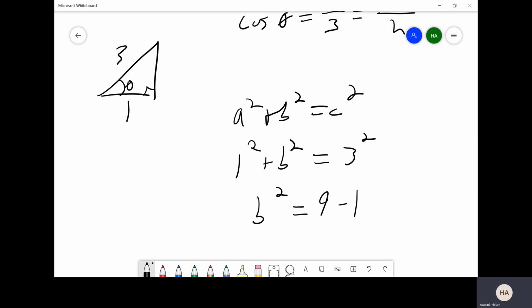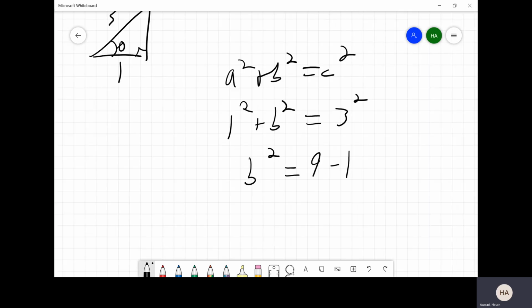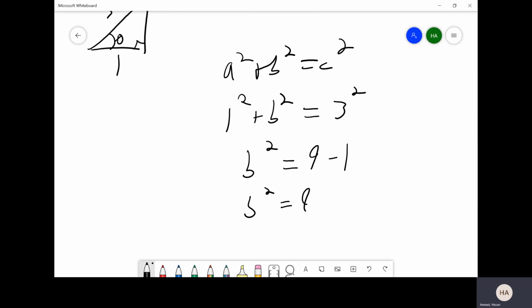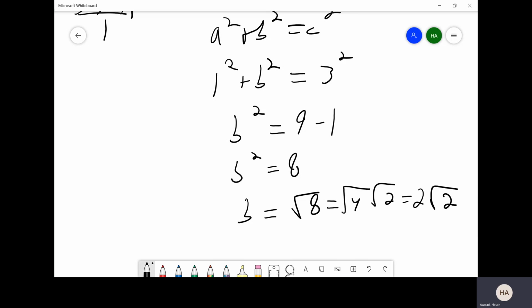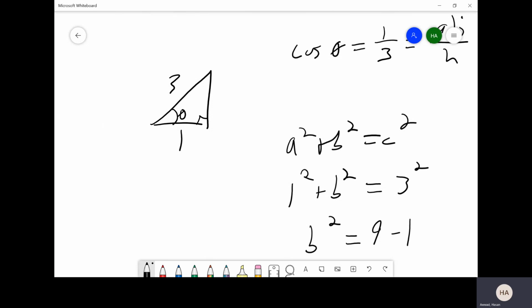I just moved over that 1 squared, and 1 squared is just 1. And so we have b squared is equal to 8. And when we simplify this, we take the square root of both sides. We have b is equal to the square root of 8. And remember that we can break this up into square root of 4 times square root of 2. And that simplifies to be 2 radical 2. So great, we just found the missing side here. The missing side is 2 square root of 2.